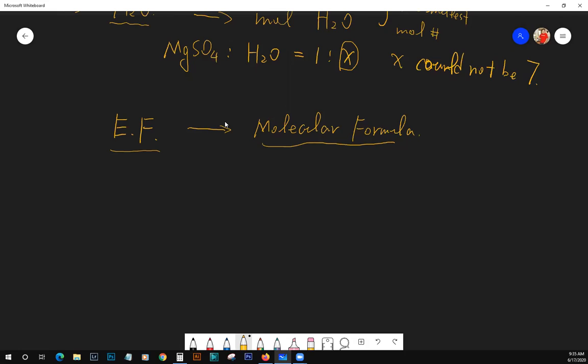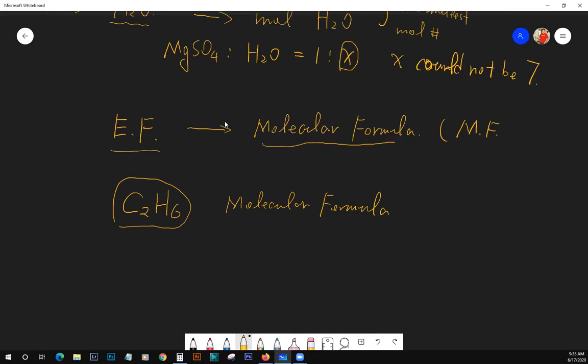Remember, this is the ethene, and this is the molecular formula. Next time I'll just write MF for molecular formula.